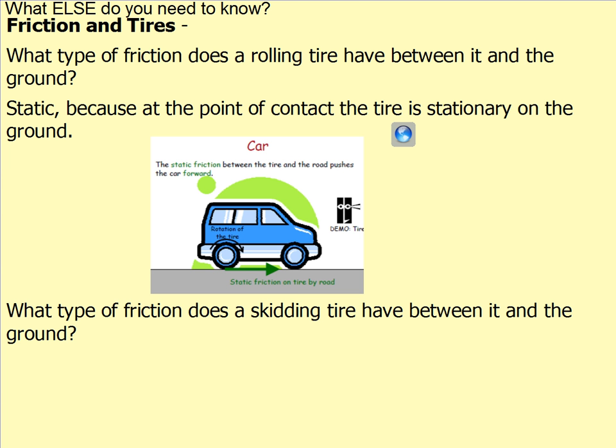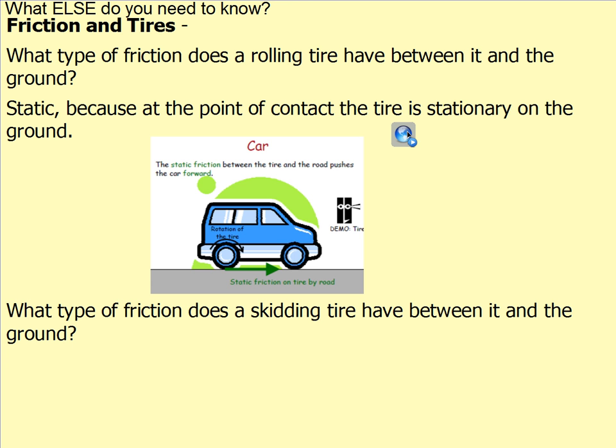Now, what else do you need to know? Friction in tires. Everyone knows when you drive your car that friction keeps you on the road. And if you don't believe it, try driving on ice. What kind of friction occurs on a rolling tire between it and the ground?